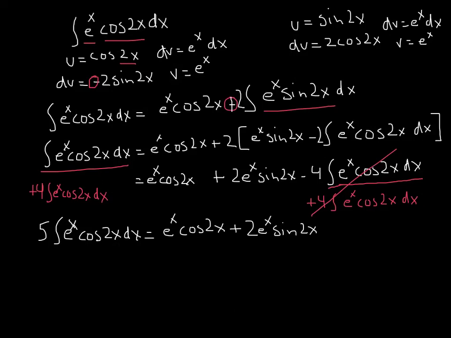And so now we can simply divide both sides by 5. And I'm going to pull out an e to the x here because it's common to both.